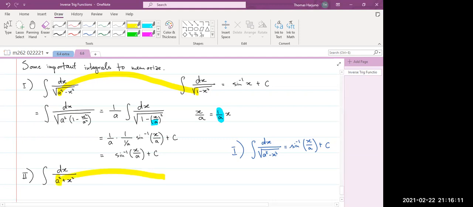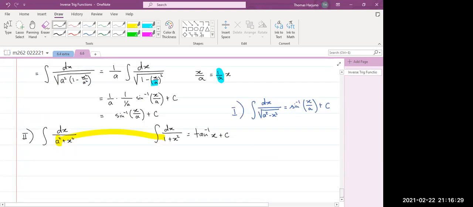So it's very similar to the integral of dx over 1 plus x squared, which is tangent inverse x. That's why you need to memorize that. Okay, what gives me what?